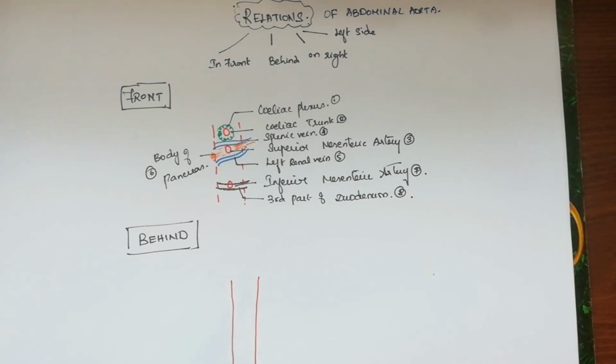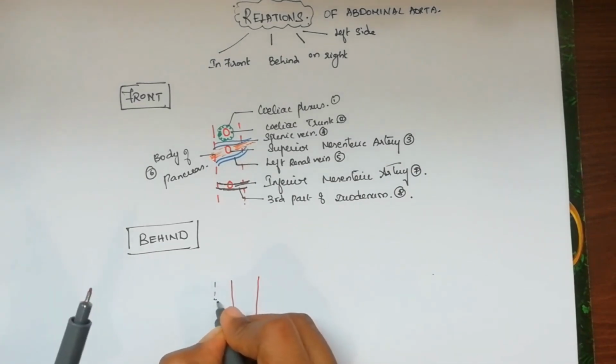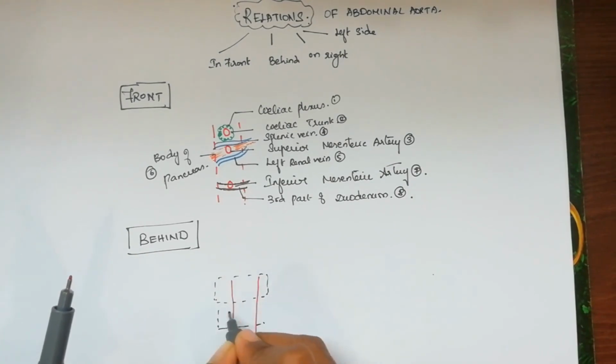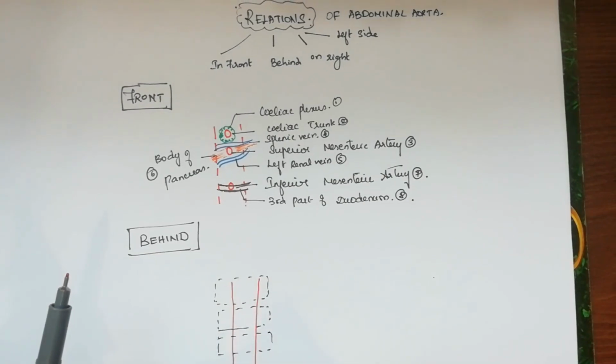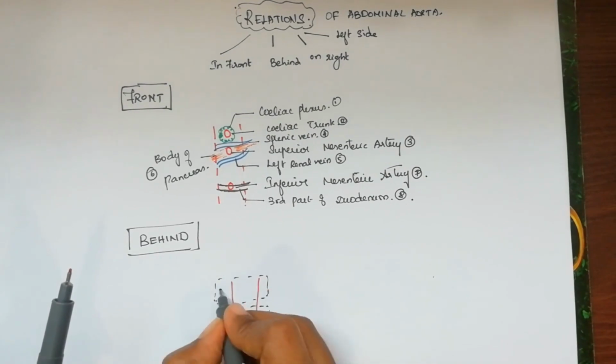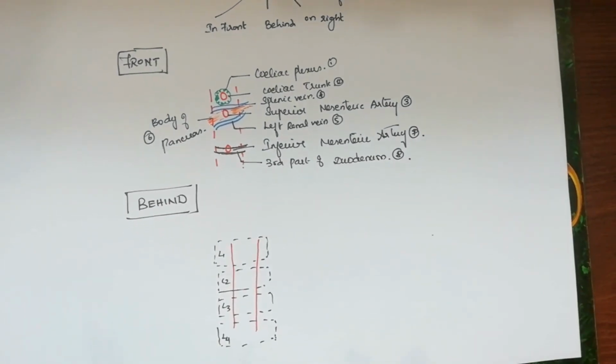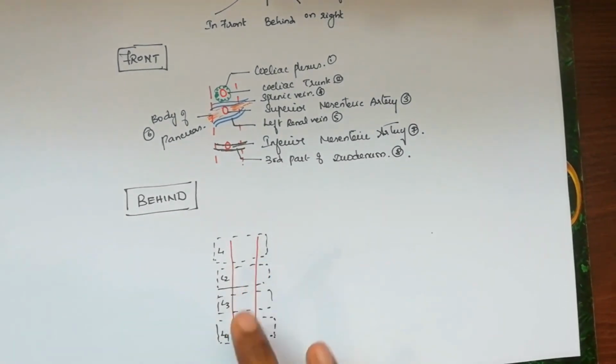Behind the abdominal aorta we have the L1 vertebra, L2 vertebra, L3 vertebra and L4 vertebra. So L1, L2, L3 and L4 are the four vertebral relations seen behind the abdominal aorta.